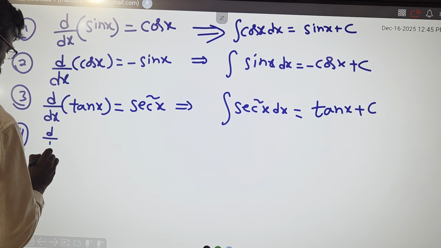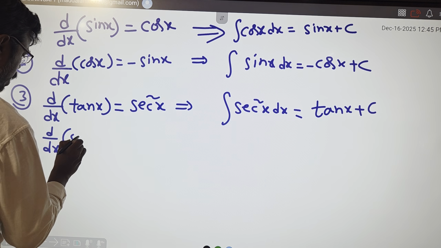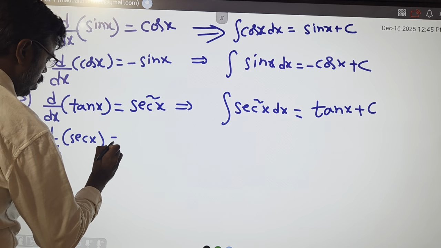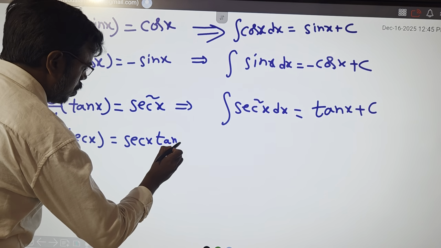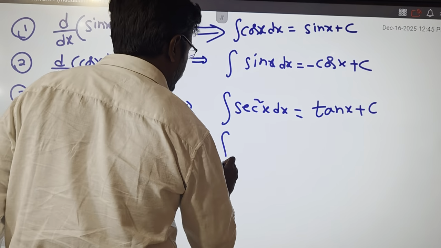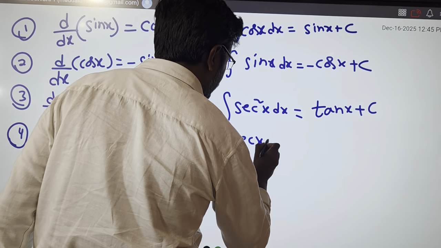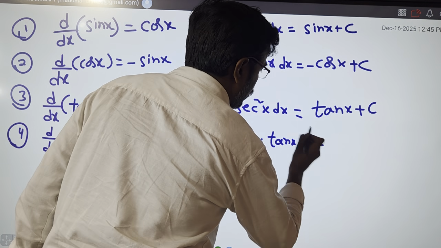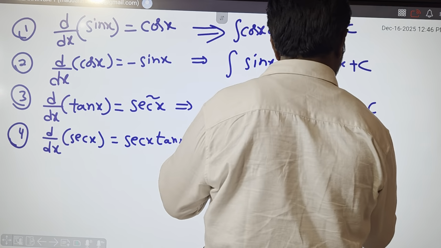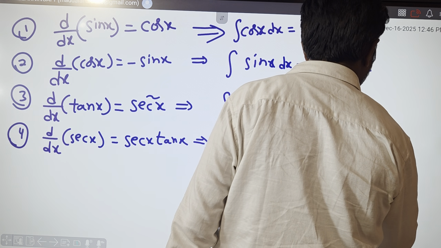d by dx of secant x equal to what? Secant x into tan x. From this, integral secant x tan x dx with respect to x equal to what? Secant x plus c.